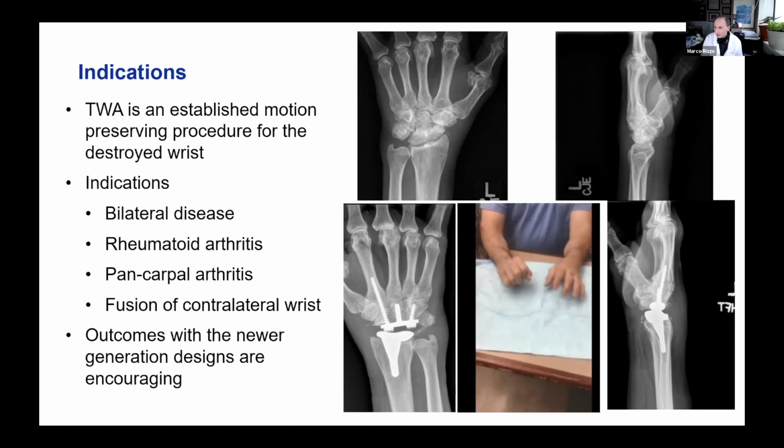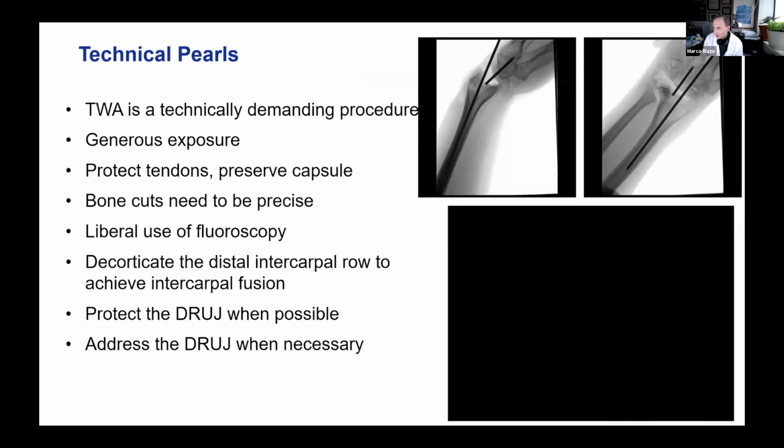And we highlighted the fact that the newer generation designs have demonstrated encouraging results and continue to do so. A recent meta-analysis looked at the newer generation designs, and while they did confess that it's a higher risk, higher reward procedure, it does provide better outcomes than previous generations.